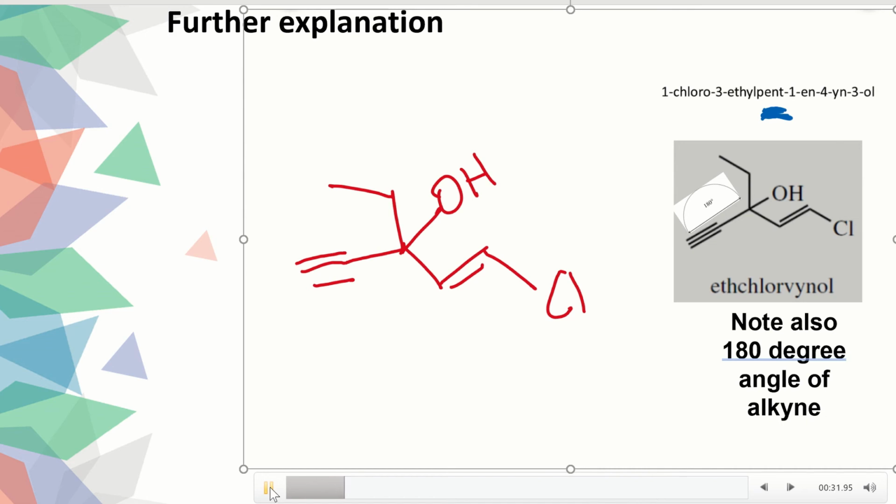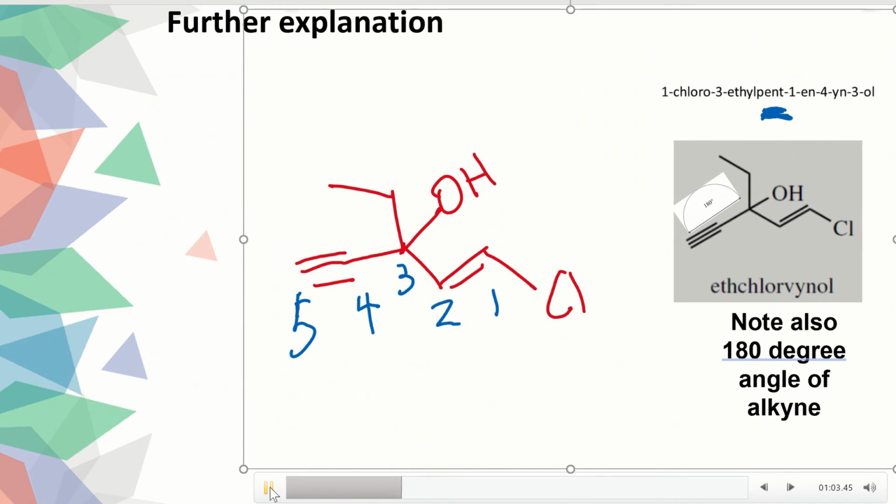So let's go ahead and number our carbons. Let's start from here: 1, 2, 3, 4, and 5. So the structure satisfies the 5-carbon requirement.